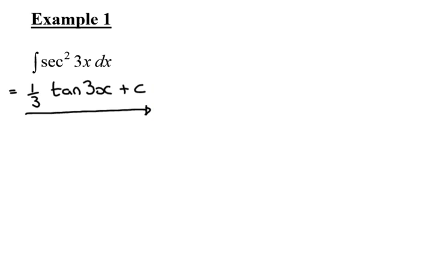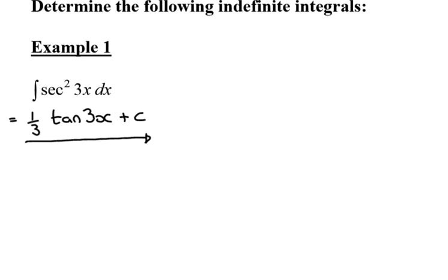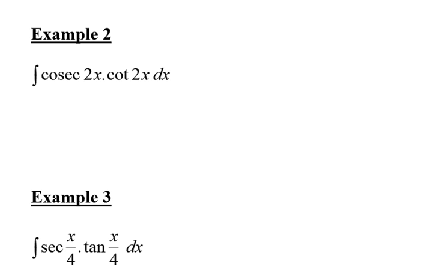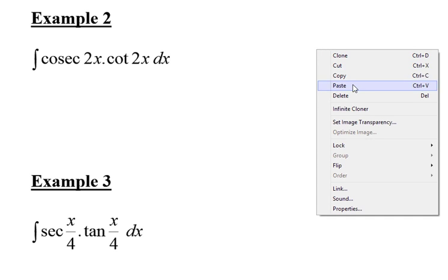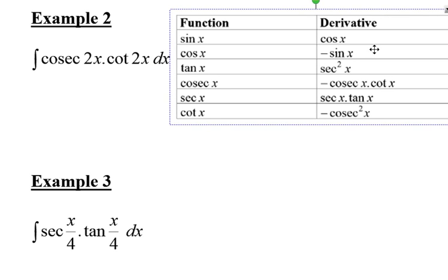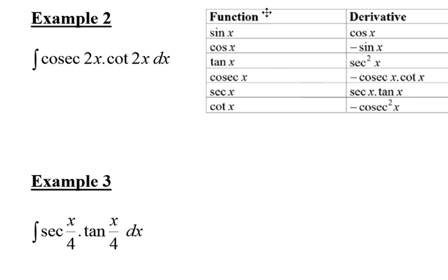Cool. Let's look at another example. Again, I'm just going to pop my table here so that I can use it. You should have yours next to you as you're working. Let's see, I'm finding the integral of cosec of an angle times cot of an angle. Now that angle is itself a linear function, so I know that it's going to be composite.